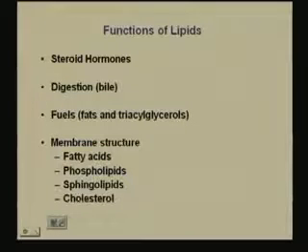So, lipids are involved in all of these activities, starting from hormones to digestion elements that are present in the bile. These all have lipids as their components. The fats and triacylglycerols are lipids, and in membrane structures, which is what we'll be doing today, we have fatty acids, phospholipids, sphingolipids and cholesterol.